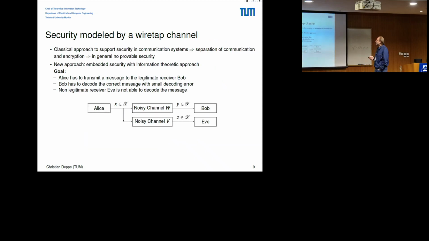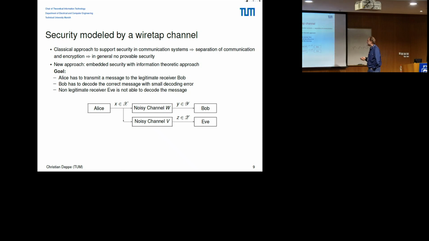Then I do the same as Gerhard did. So I look at Wyner's wiretap channel here and remind you what is there. We have here Alice who wants to send something over a noisy channel W, and Bob wants to receive something, and there is some kind of broadcasting, as considered by Csiszár and Körner.